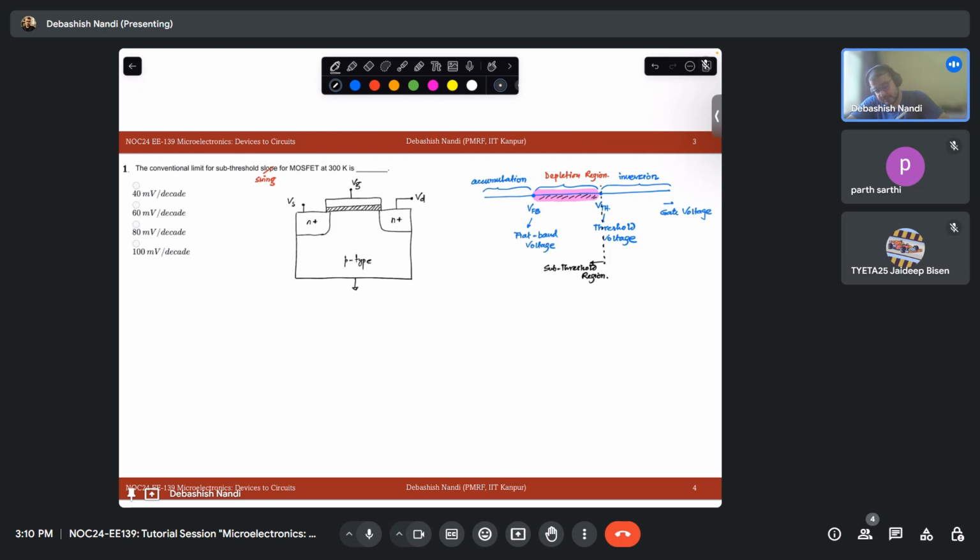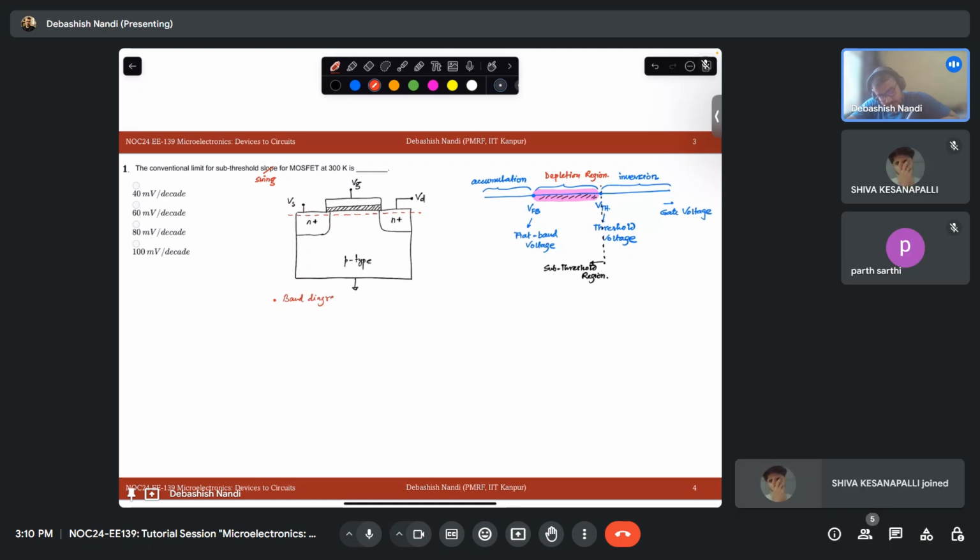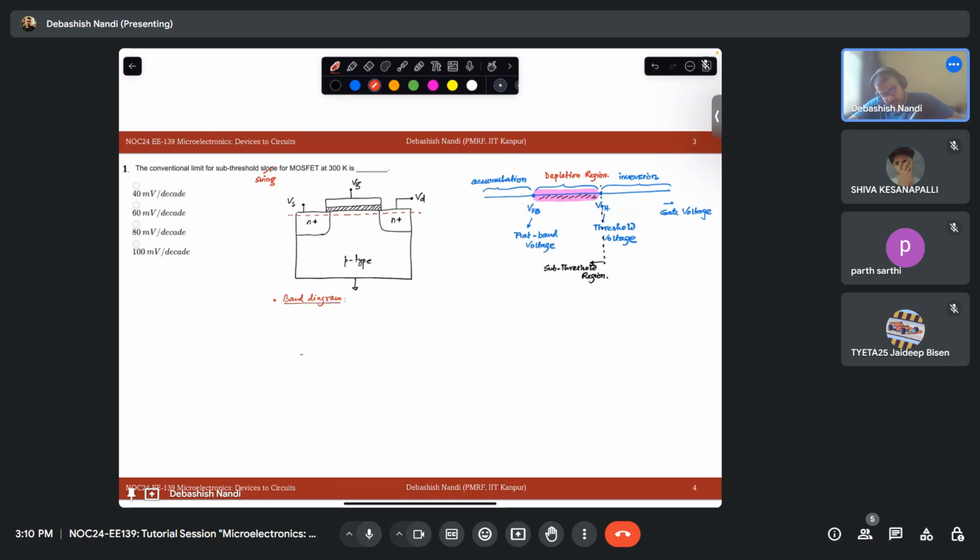So let's take a cut line at this position and draw the band diagram of this. A few points to note: if you see the energy band diagram, you would see something like this.